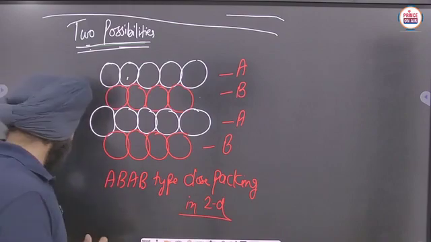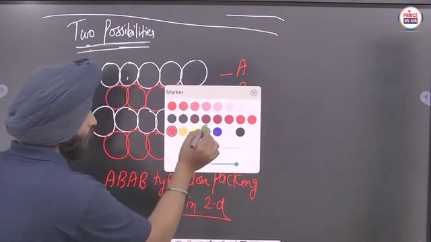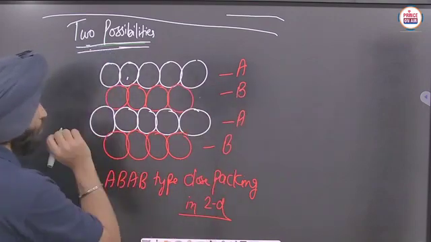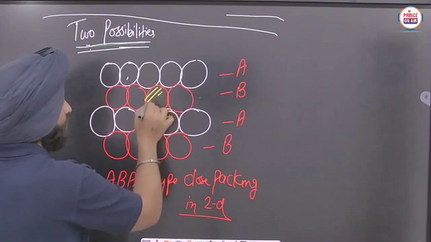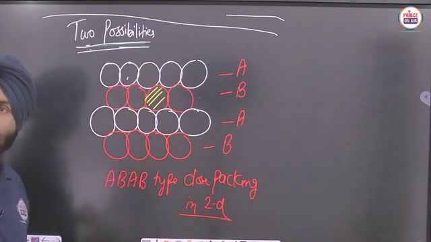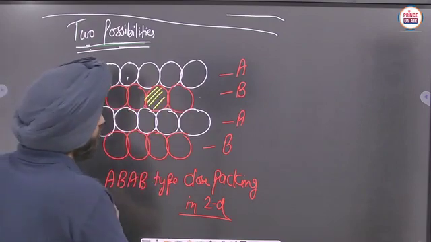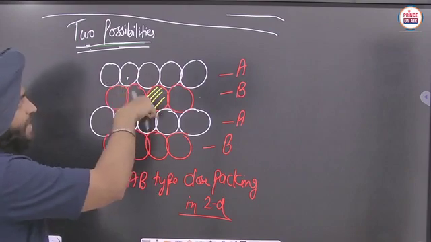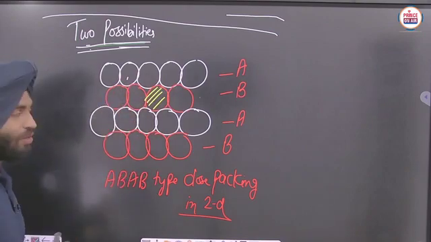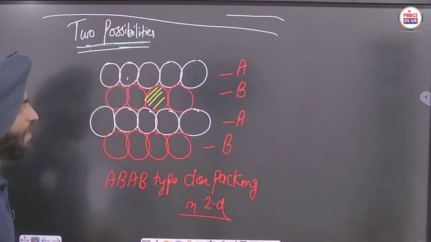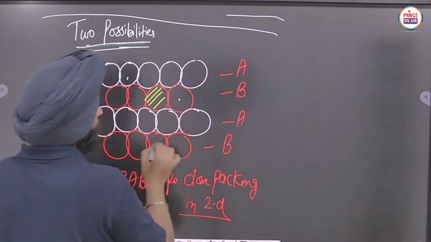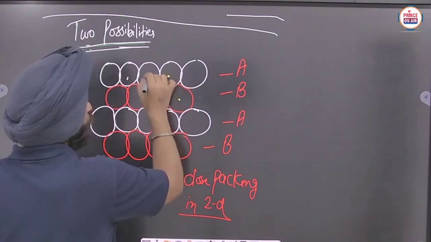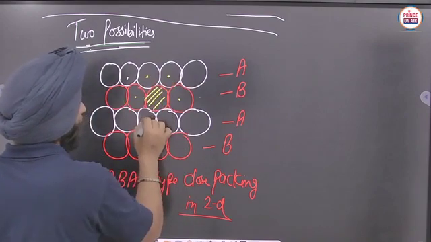Now one more thing we can see here. I am going to consider only one particle, this one. See how many neighboring atoms it is touching directly. This one: 1, 2, 3, 4, 5, 6.